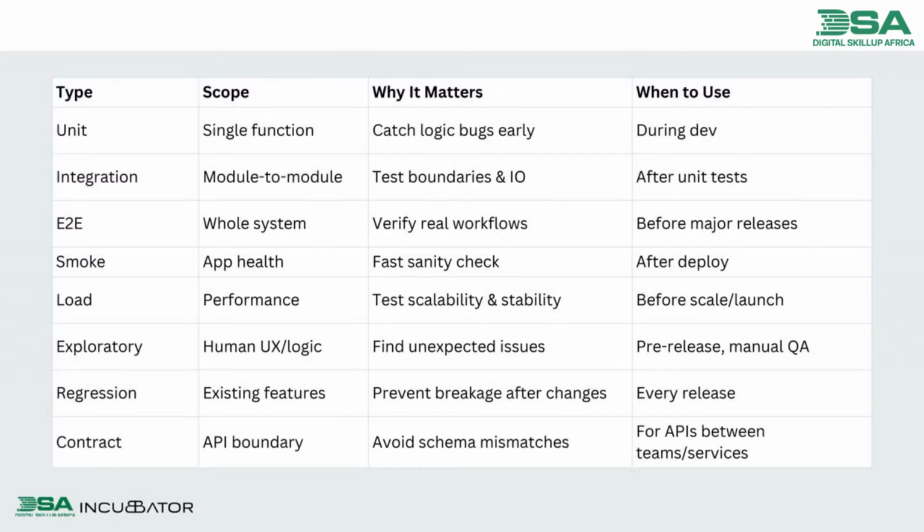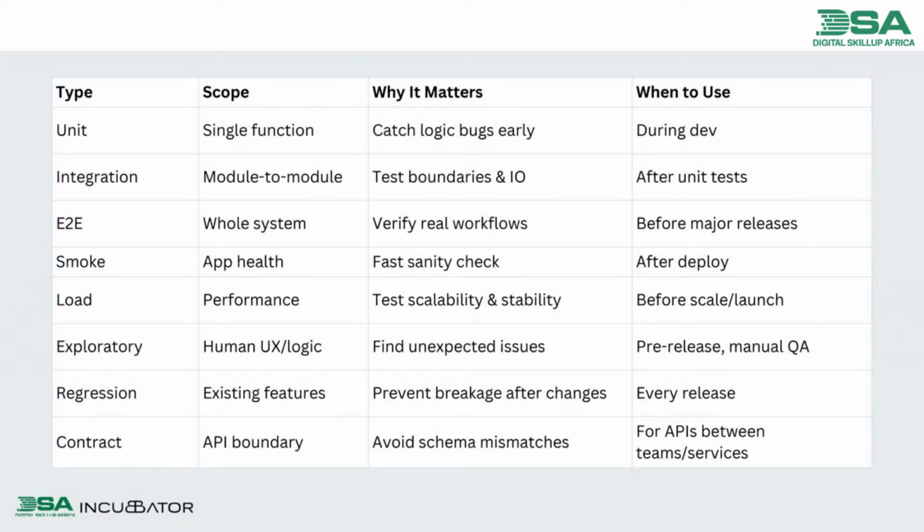Then for exploratory, you go through the UI, check some logics out, and ensure that they actually match what was required. So why it matters, you do this to find unexpected issues. I mean, there are times that you run your automated test and some of these issues slip through.